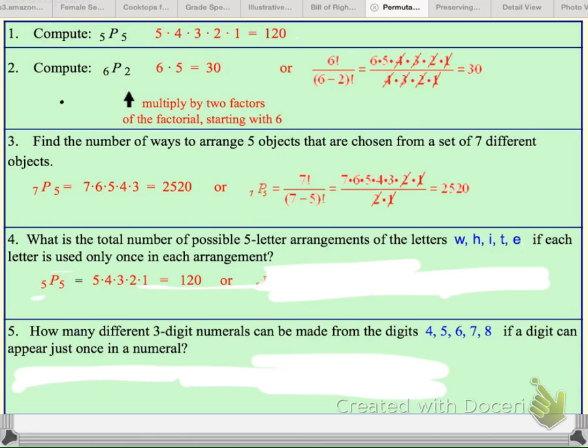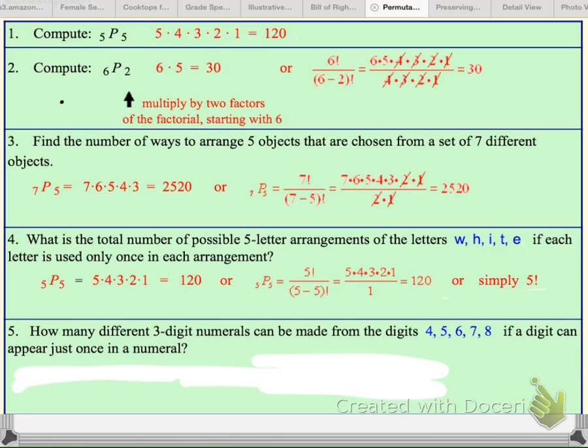Okay, so this time we have 5P5 because we have 5 arrangements and we have 5 letters. So we're doing 5 times 4 times 3 times 2 times 1, which is 120.